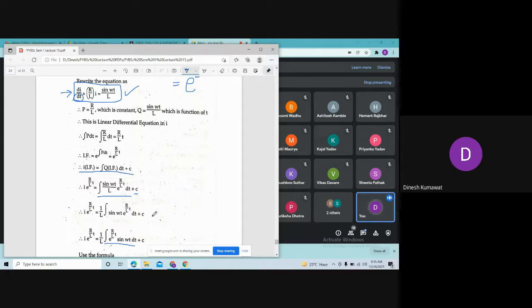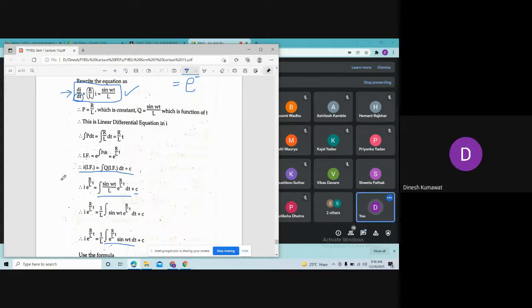Yes, what is the integration? Sir, it is minus e to the power r upon L into t cos omega t, and then plus the same factor, that is e to the power r upon L t sin omega t.